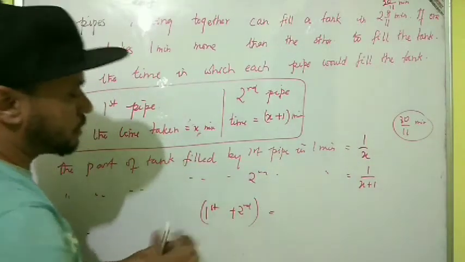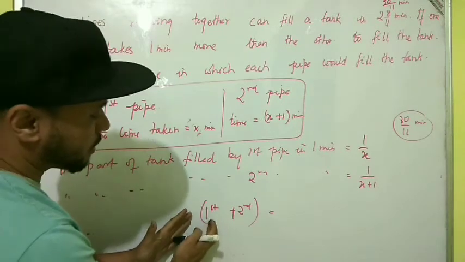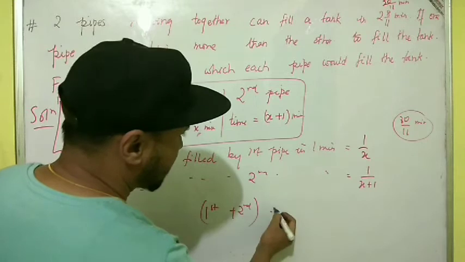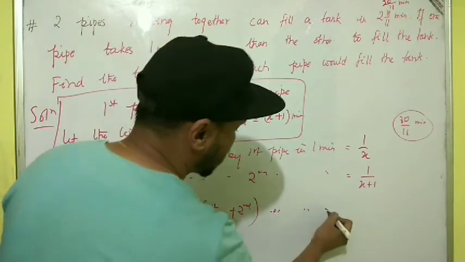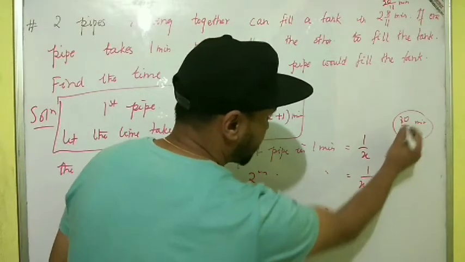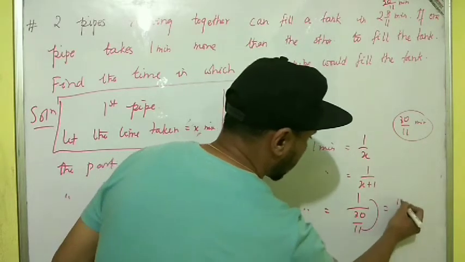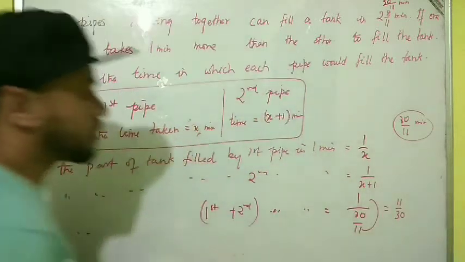But if the tank is filled together by the first pipe and the second pipe, then the part filled in 1 minute is equal to 1 by the time, which is 30 by 11, so this will be 11 by 30.